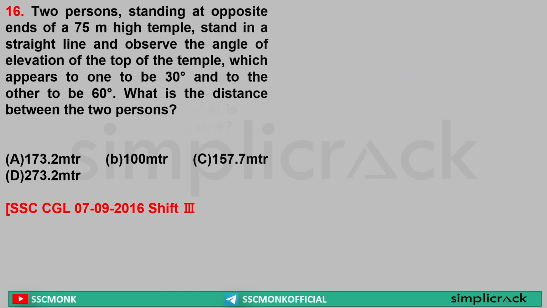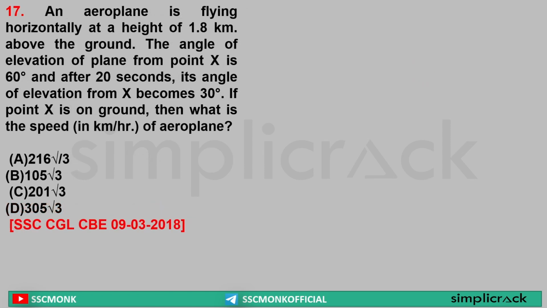Clear? Next. An aeroplane is flying horizontally at a height of 1.8 kilometer above the ground. So this is saying the height of the aeroplane. Let's say here is the aeroplane, an Air India aeroplane. The angle of elevation of the plane from point X is 60 degree, and after 20 seconds its angle from point X becomes 30 degree.